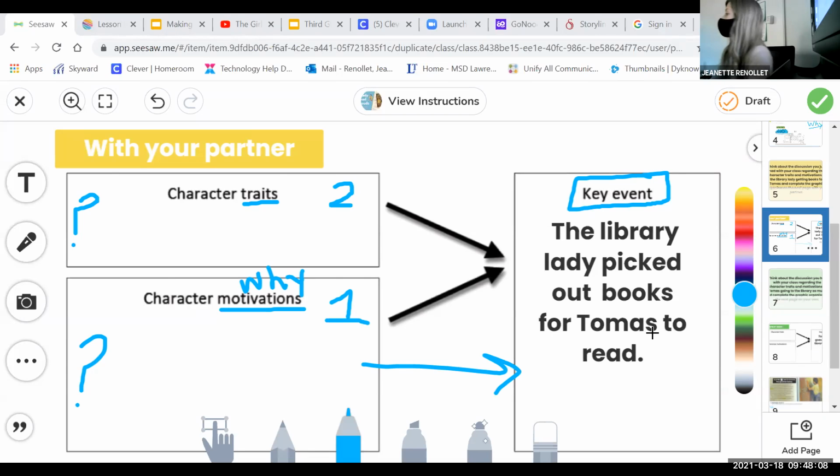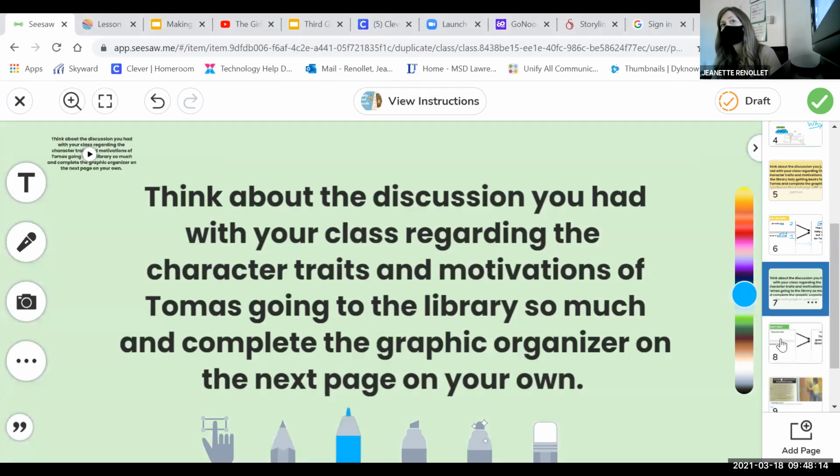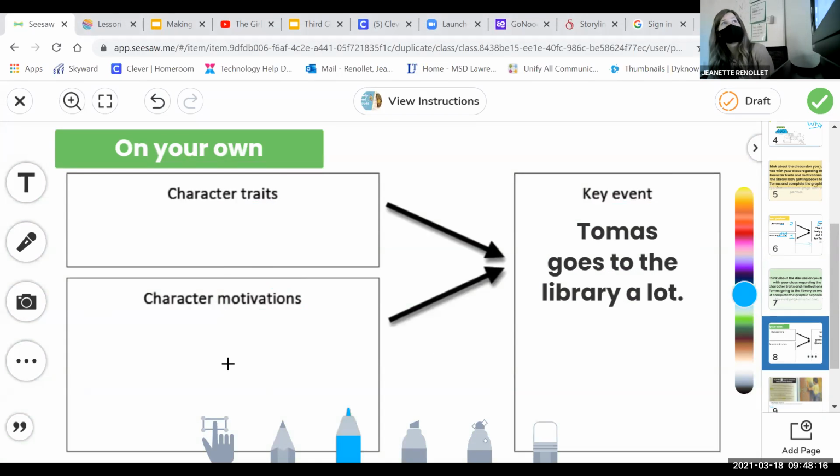Okay, listen to what your task is for independent work. You did the library lady with your partner. Slide 8 is what you're going to do on your own today. Here is an event that happened in the plot. Tomas goes to the library a lot.